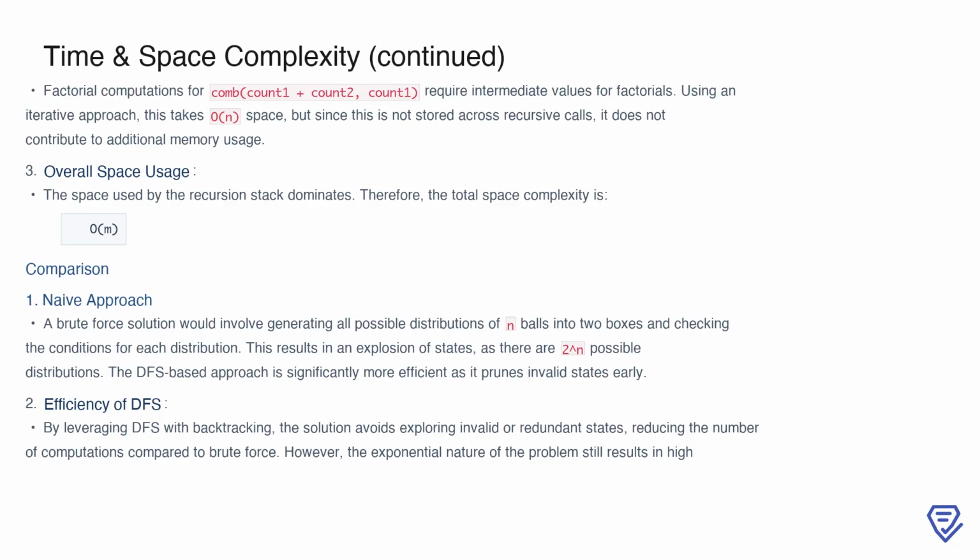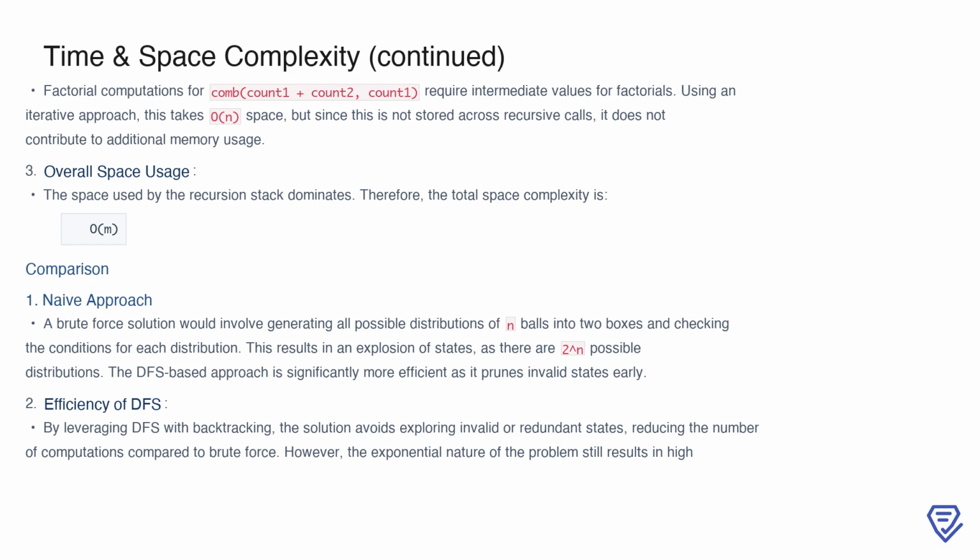If we use an iterative approach for these computations, the additional space required is proportional to O(n), where n is the total number of balls. However, because these intermediate values are not stored persistently across recursive calls, they do not contribute to the overall memory usage of the algorithm. Therefore, the overall space complexity is determined by the recursion stack, which dominates. This results in a total space complexity of O(m), where m is the number of ball types.